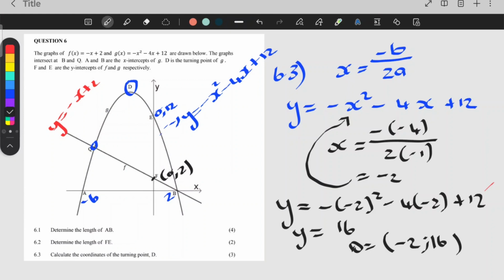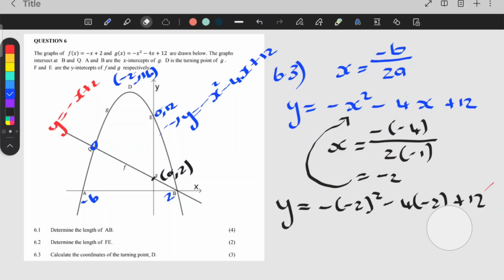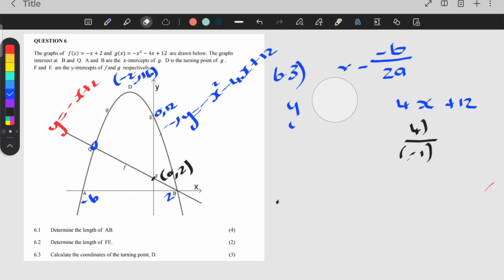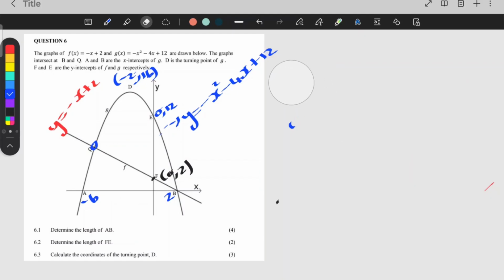And that's D. D is negative 2 and 16. So let's put that in here. Remember, as you work, you fill in on your diagram all the coordinates or equations that you are working out.